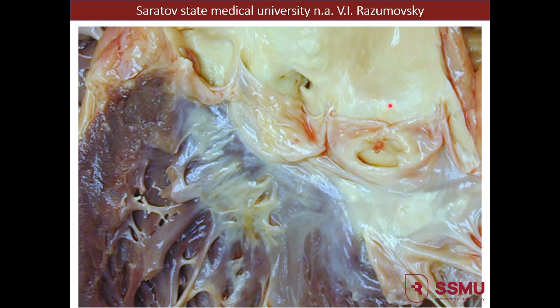On this slide, we may see heart valves, and we may see a healthy valve in the center of the slide. It's semi-transparent and very thin, and there are two valves nearby which are involved in the pathological process because on these valves we may see fibroplastic transformation.